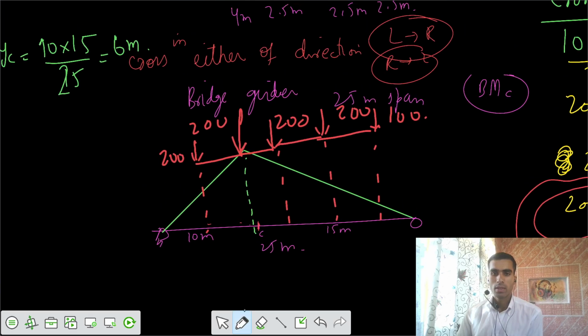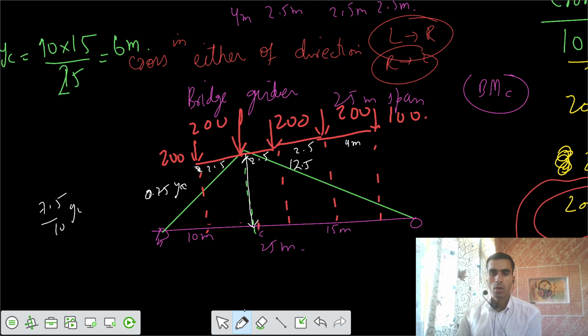So I would say this is your 4 meter, this one is your 2.5, this is 2.5, this is 2.5. Can I get the ordinates? I would say the ordinate here is 0.75 of YC. This is 7.5 by 10 of YC. And from the side, I would say the total length is 15, and it was YC for the 15.